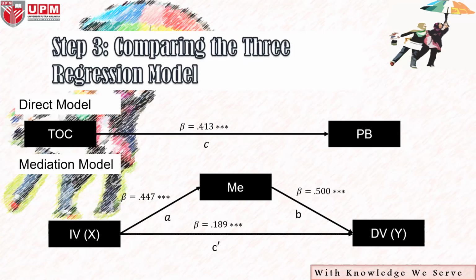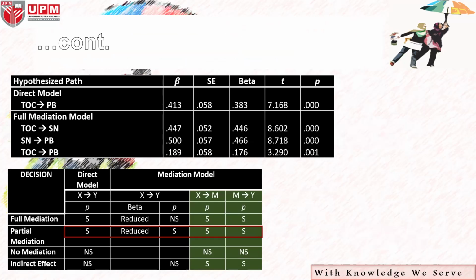Now to further elaborate or interpret the result, either full mediation, partial mediation, no mediation or indirect effect, then we plug into this table. Okay, kita buat macam ni.